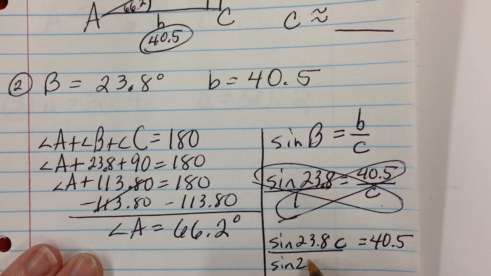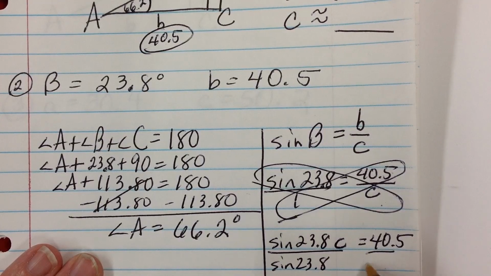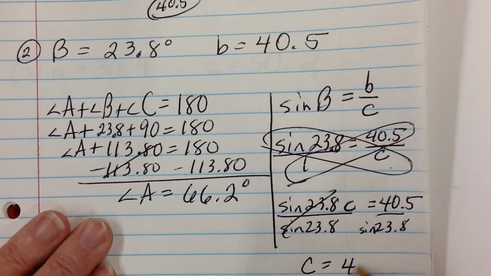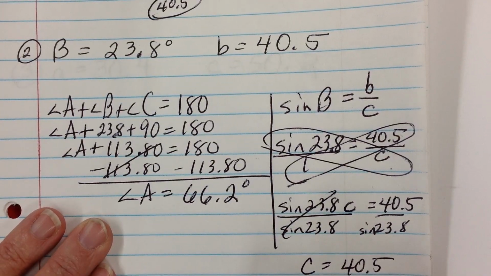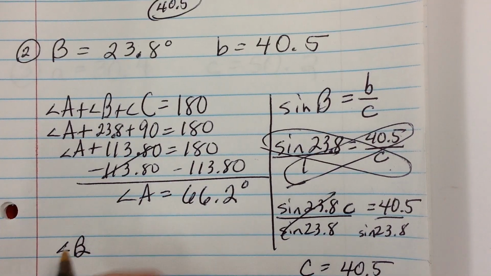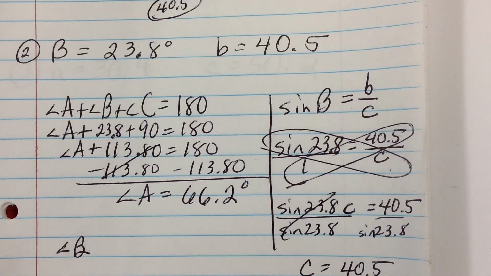Divide both sides by sine of 23.8. The sines cancel. So C is equal to 40.5 divided by sine of 23.8, and we'll need to round that to two decimal places. So I end up with 40.5 divided by sine of 23.8.